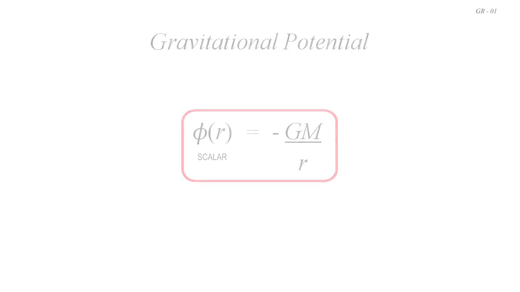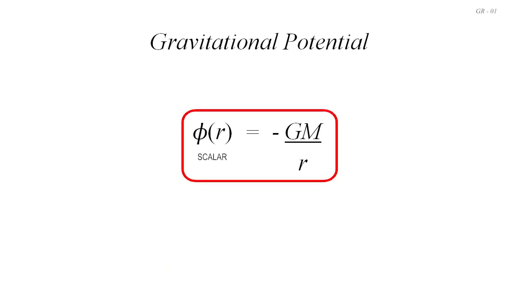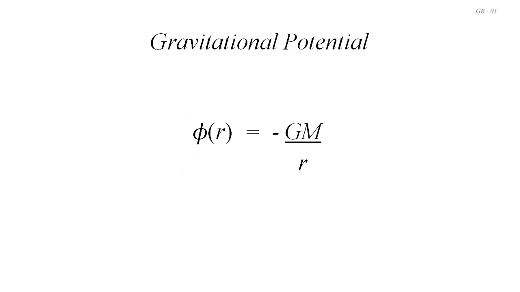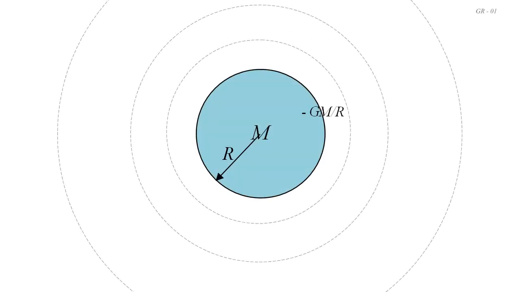This scalar field, as we might call it, of the gravitational potential fills the space around the mass capital M. Every point in space will have a value of this gravitational potential, but remember there's no direction involved. It's just a value. We could imagine contours of constant gravitational potential around the mass, and these would be concentric spheres, which we show here as circles.